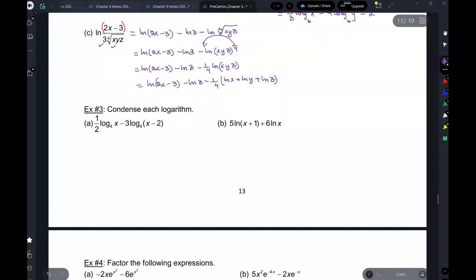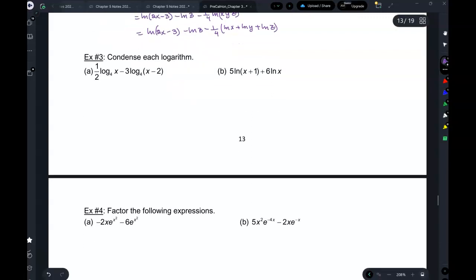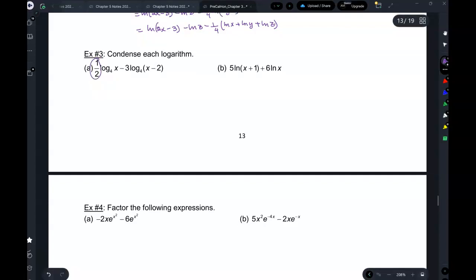Okay, so to condense, we have to go the opposite way. However many there are, you have to combine it into one logarithm with the same base. Okay? So it's like going backwards, right? All the coefficients now become exponents. So I have log base 4 of x to the half minus log base 4 of x minus 2 cubed.